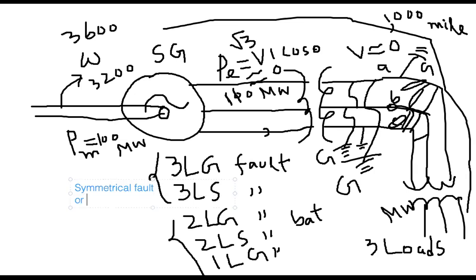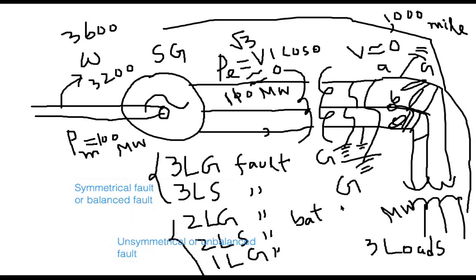And the remaining 3 categories are called unsymmetrical or unbalanced faults, because they don't involve all 3 phases.